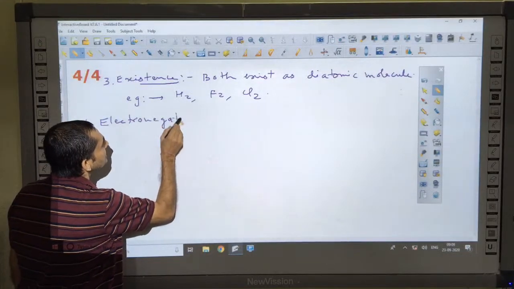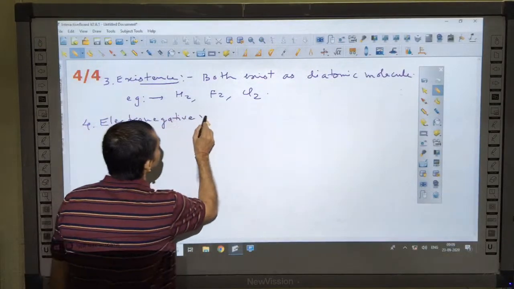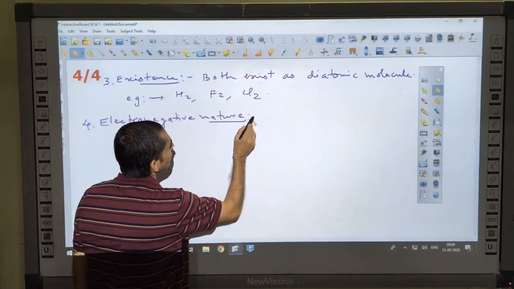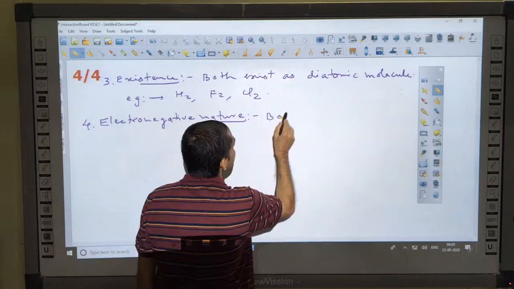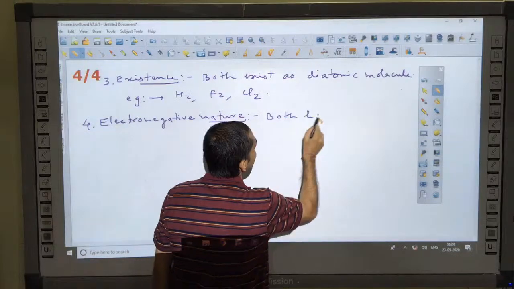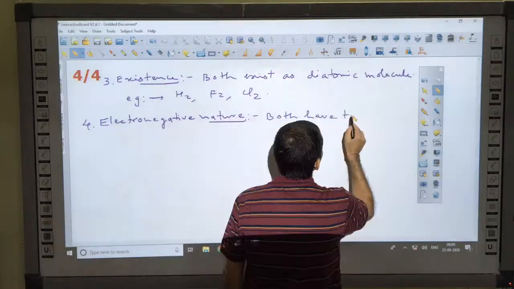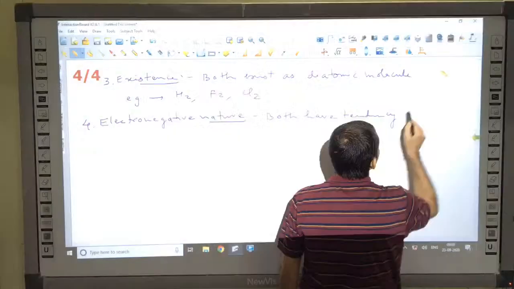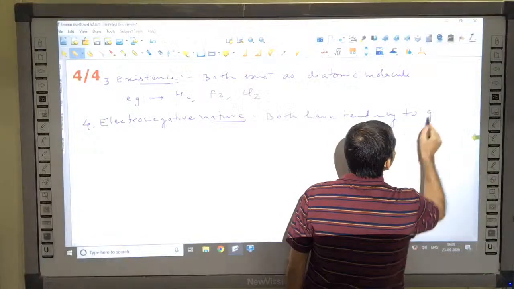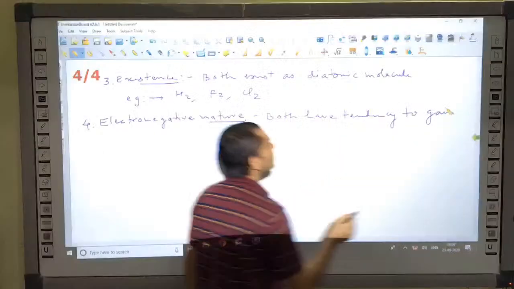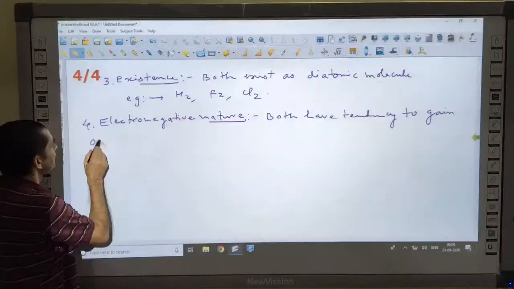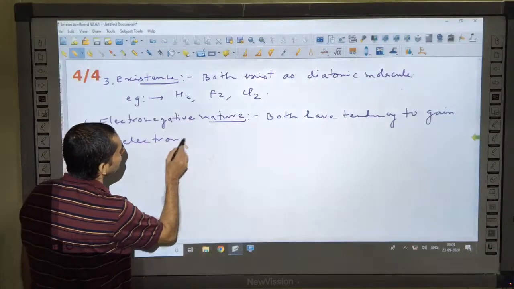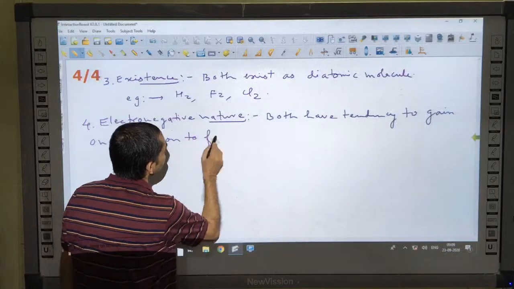Electronegative nature. Both have the tendency to gain one electron to form an ion.